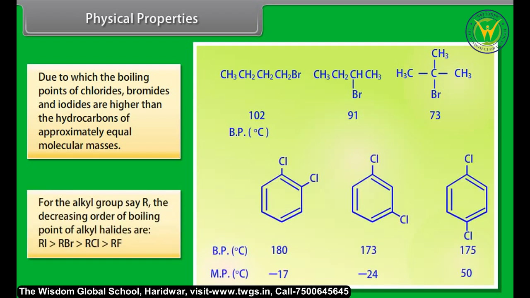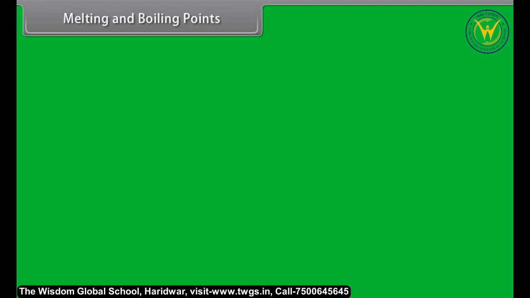For the alkyl group, say R, the decreasing order of boiling point of alkyl halides is RI has the highest boiling point, followed by RBr, then RCl and then RF.